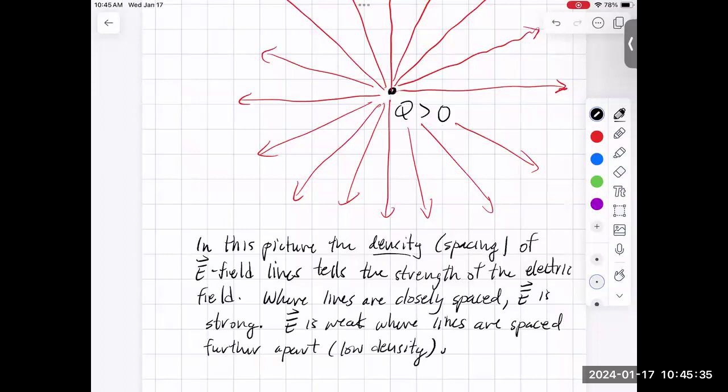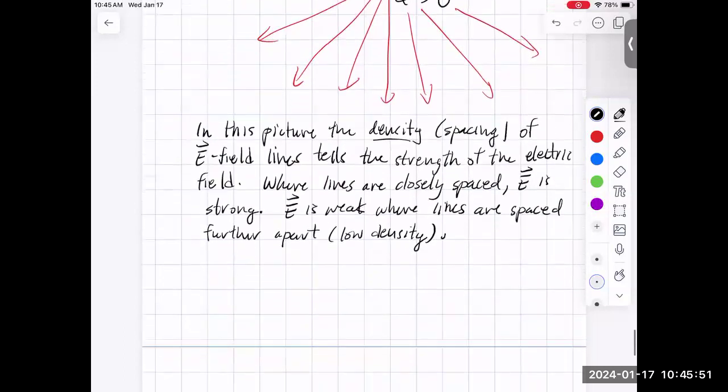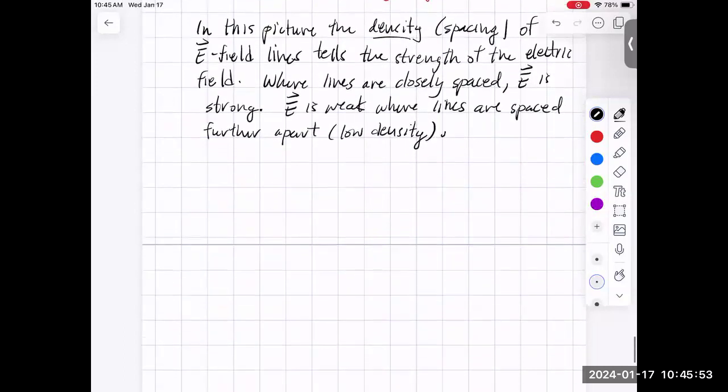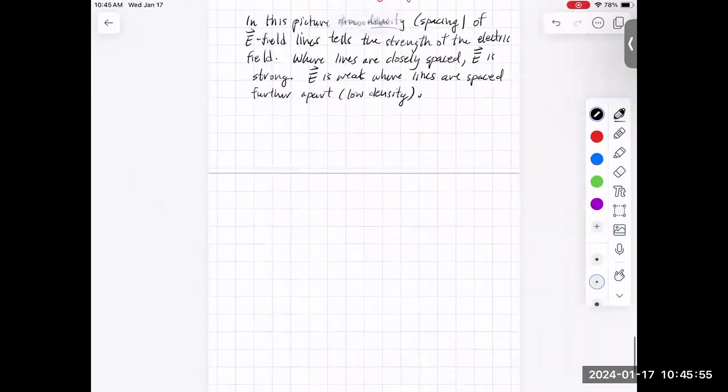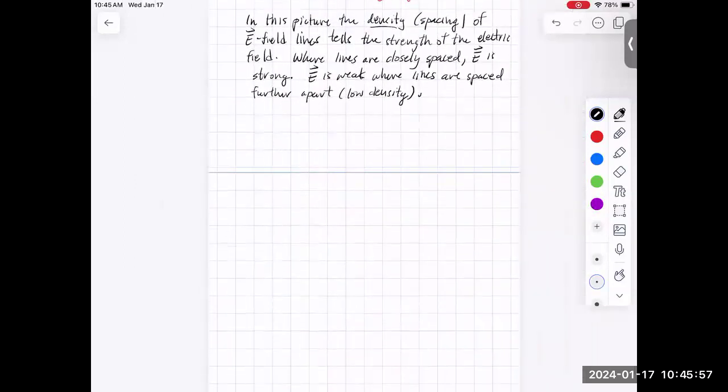Okay, good. So I've got a couple minutes. What we're going to do is draw the picture for the electric field due to a negative point charge, and we could do it in a similar way. I'll leave this up in case you're still writing. Let's draw over here, Q is less than 0, so this will be a negative point charge.